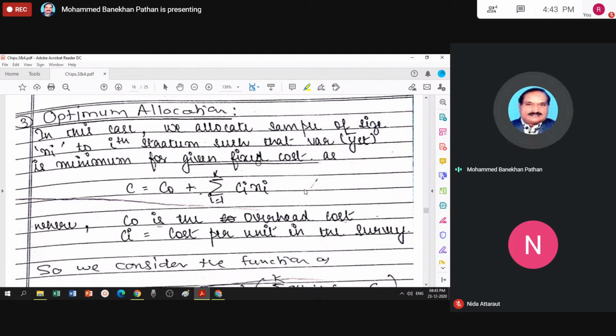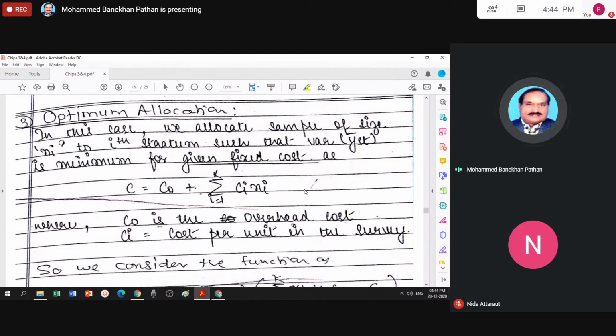On the other hand, if I try to find ni such that variance will be minimum, but the total cost of the survey is taken to be fixed, that is labeled as optimum allocation.